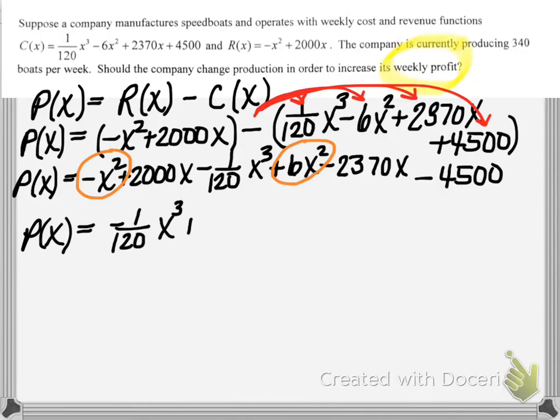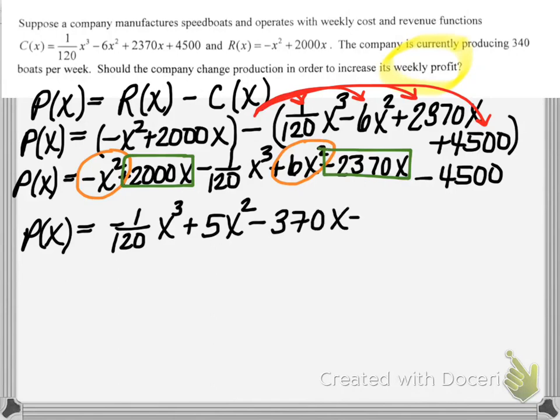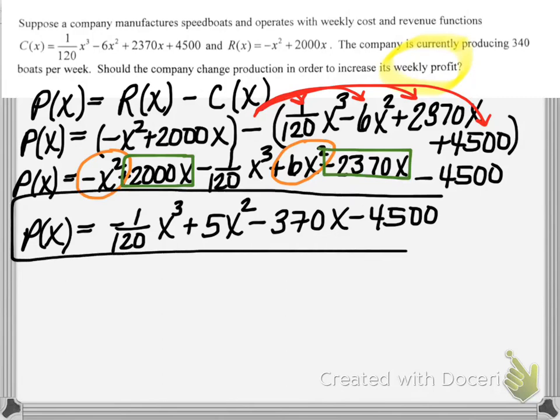Then we'll combine our x squared terms to have plus 5x squared. Continuing to combine like terms, we have positive 2000x and negative 2,370x. So we'll end up with a negative 370x and then minus 4,500. So now we have constructed our profit function in this case.